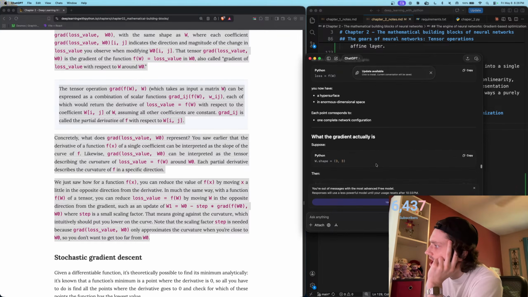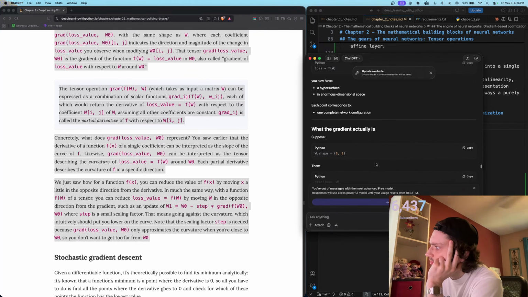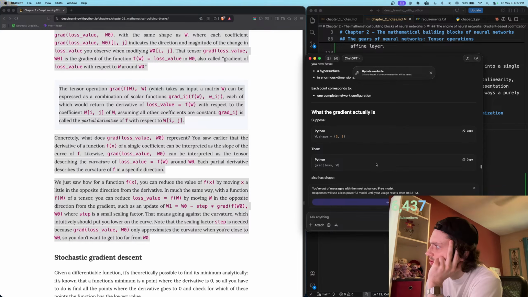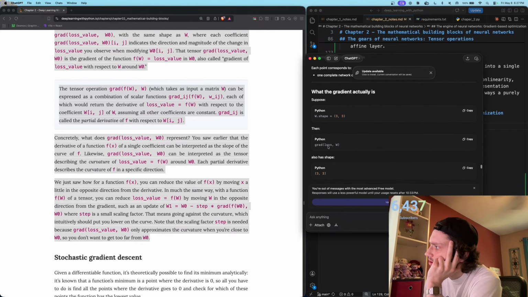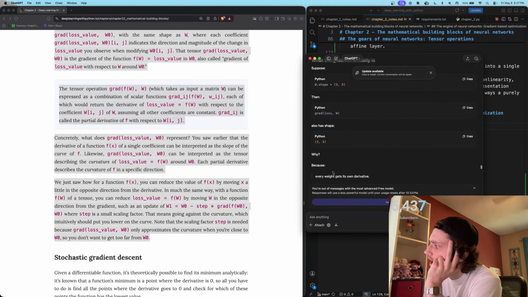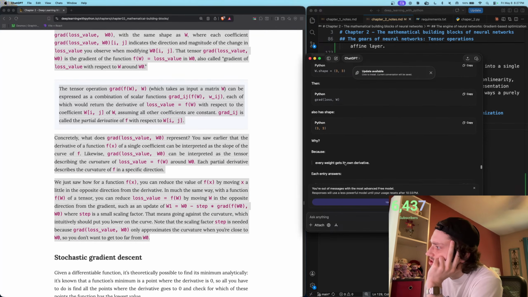What the gradient actually is. Suppose W dot shape equals 3, 3. So we have a 3 by 3 weights. Then gradient loss on those weights also has the shape of 3, 3. Why? Because every weight gets its own derivative.